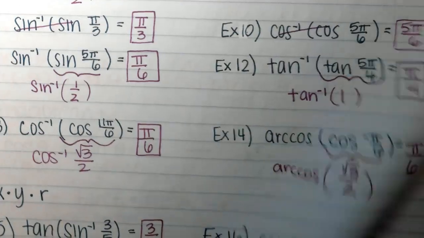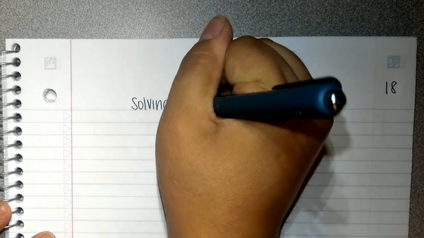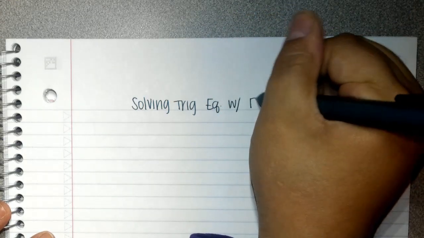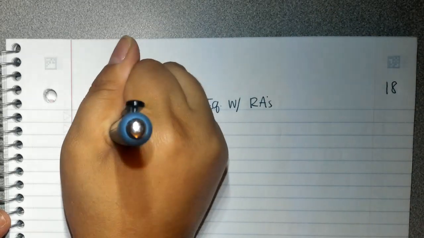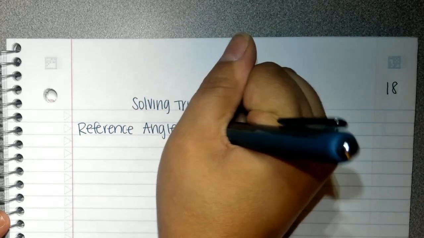Alright, so flip over to page 18. So an RA in this class is a reference angle.